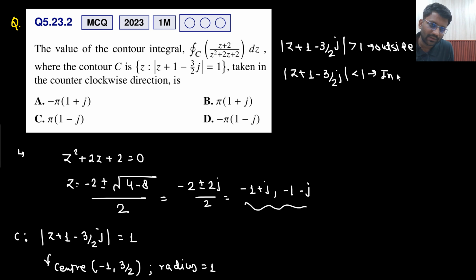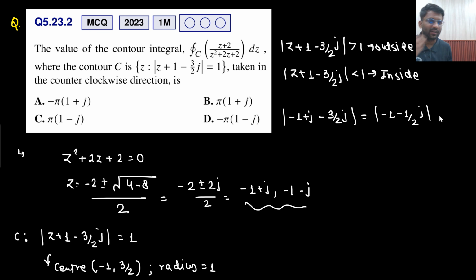So let's check at the point minus 1 comma j. So minus 1 plus j minus 3 by 2 j. What magnitude are you getting? It will be minus 1 minus 1 by 2 j. It would have a magnitude of 1 square plus 1 by 4. That will surely be greater than 1. So it is outside.